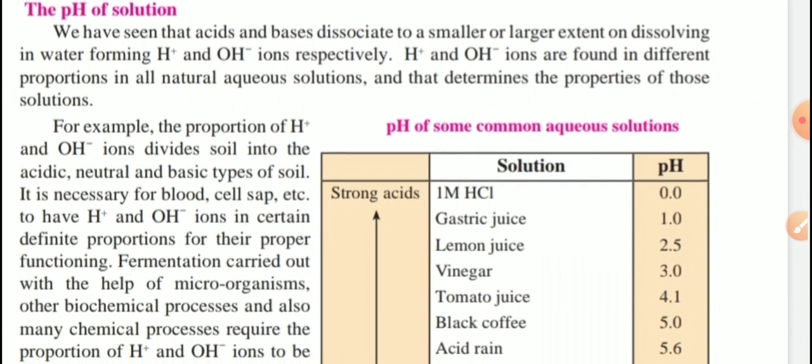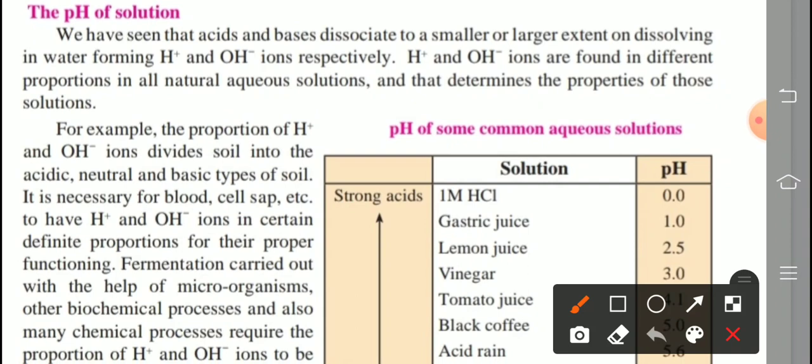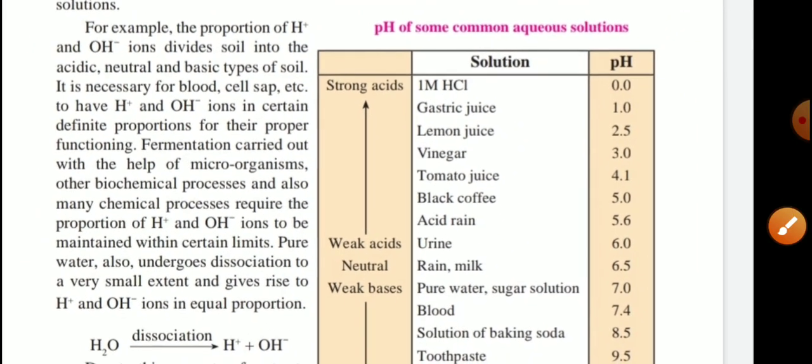Next point, the pH of a solution. We have seen that acids and bases dissociate to a smaller or larger extent on dissolving in water, forming H plus and OH minus ions separately. H plus means hydrogen ions, OH minus means hydroxyl ions. They are found in different proportions in all natural aqueous solutions, and that determines the properties of those solutions. Check some examples given here.